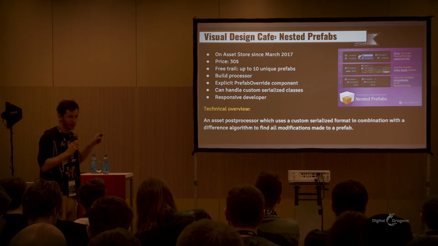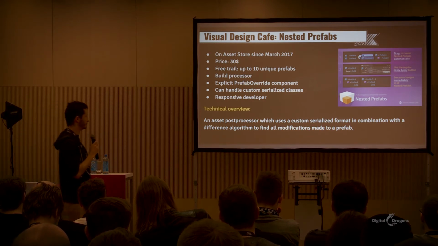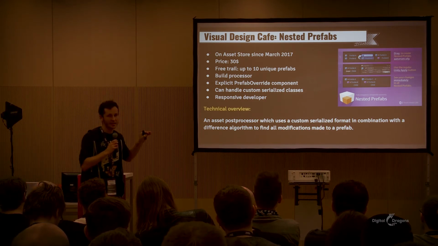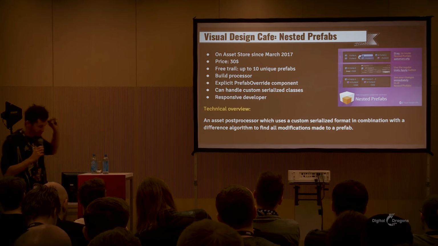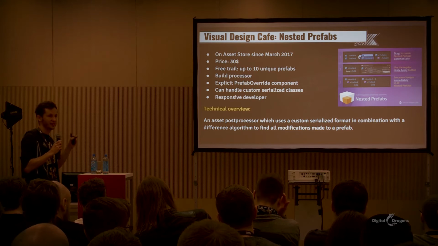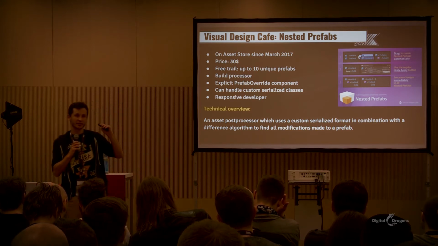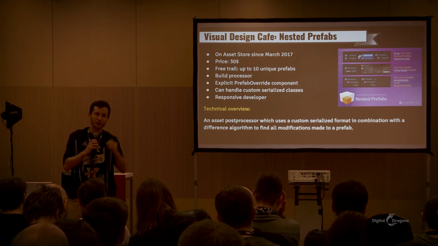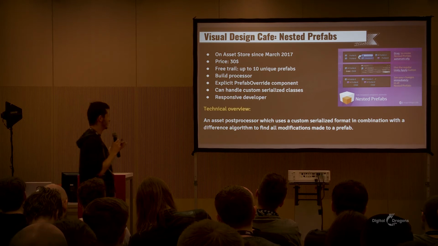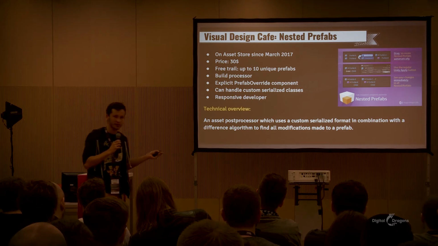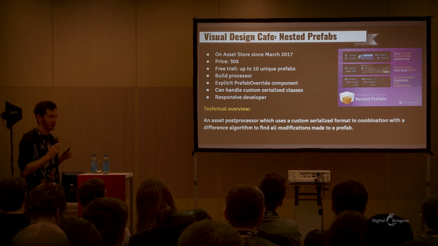How it works under the hood: there's an algorithm that serializes all the components in the prefabs, and there is a difference algorithm which finds the differences between instances and the original prefab, and it's quite efficient, I have to say. In my test, it was working really fast.